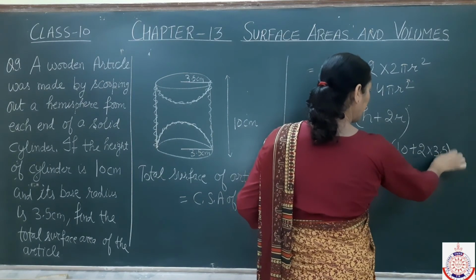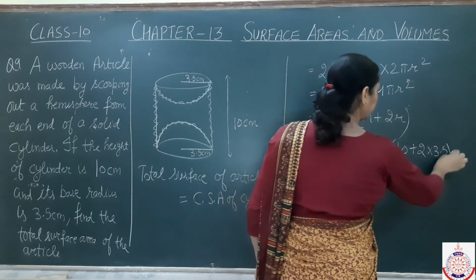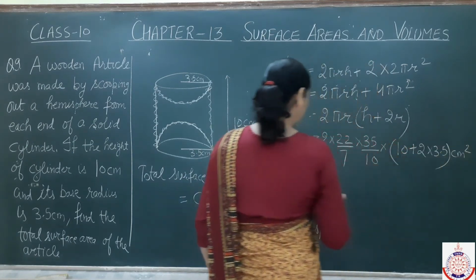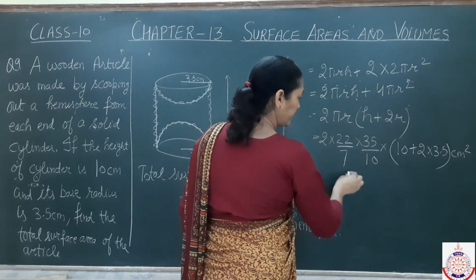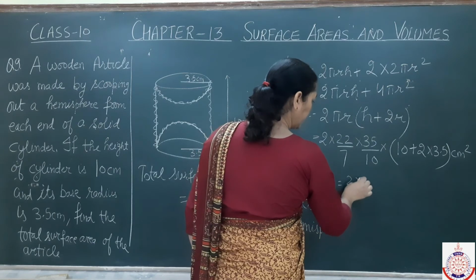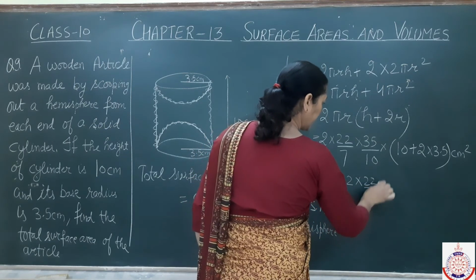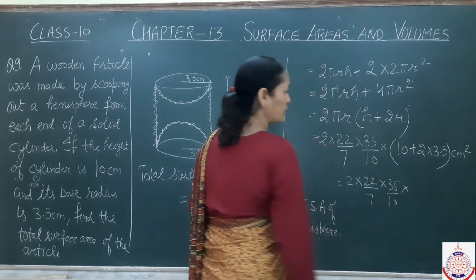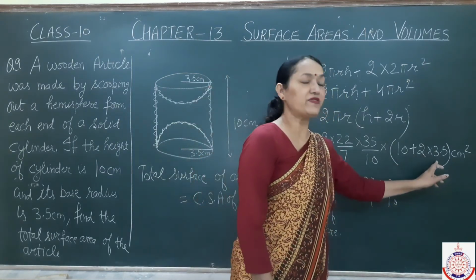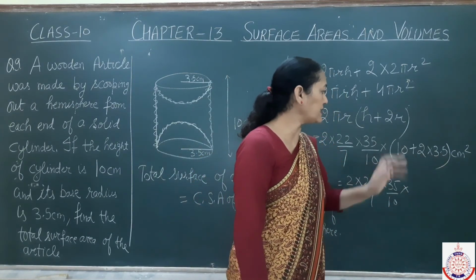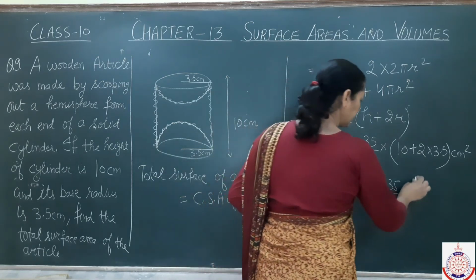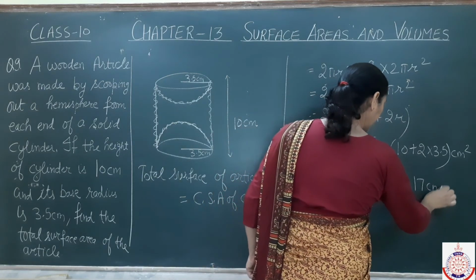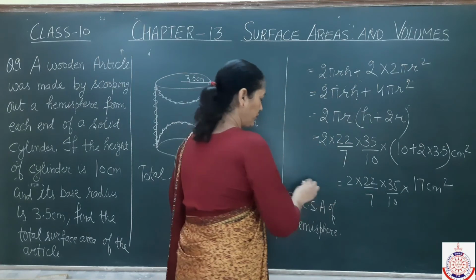Double of 3.5 is 7. So 2 into 22 by 7 into 35 upon 10 into 10 plus 7, which is 17 centimeter square.